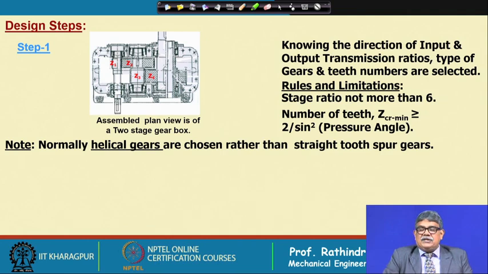Normally, if it can be managed by spur gears, say for example this type of gearbox we can manage with spur gears, but normally straight tooth spur gears are not chosen because helical gears have better performance with more or less the same sizes.